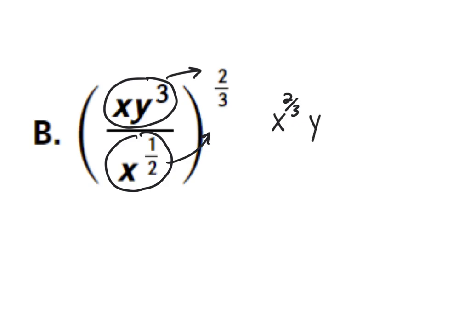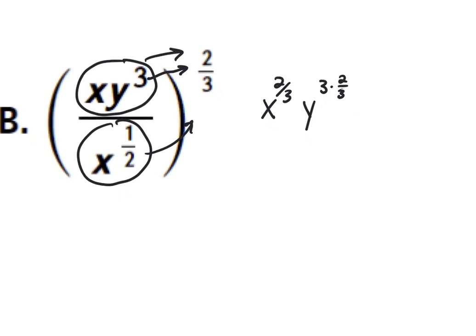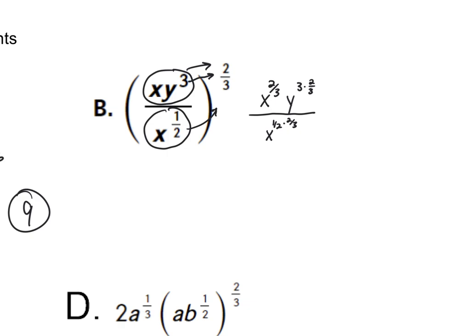We're going to have a y to the 3 times 2/3. We have a power, the 3, raised to another power, the 2/3. We multiply. Then we're going to divide that by x to the 1/2, which is also raised to the 2/3 power. So we're going to multiply 1/2 and the 2/3.